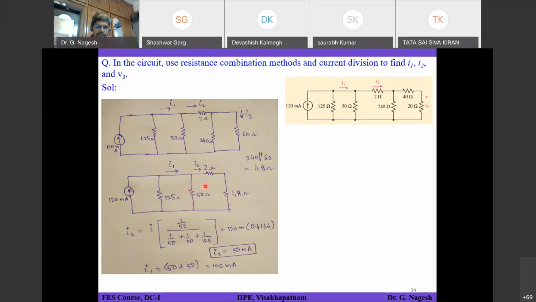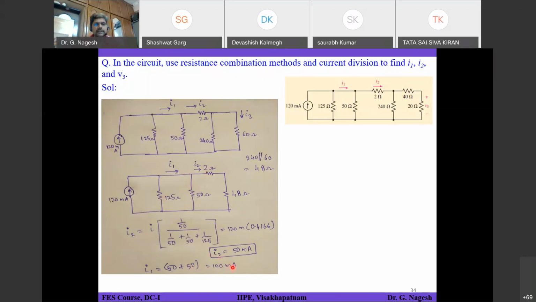So when I observe I2 to be 50, this 50 ohms will also carry the same amount of current. That's why I have straight away written that this one, 50 ohms, is carrying a current of 50 milliamperes. This one is also 50 ohms carrying a current of 50 milliamperes. So the net current I1 will be 100 milliamperes.